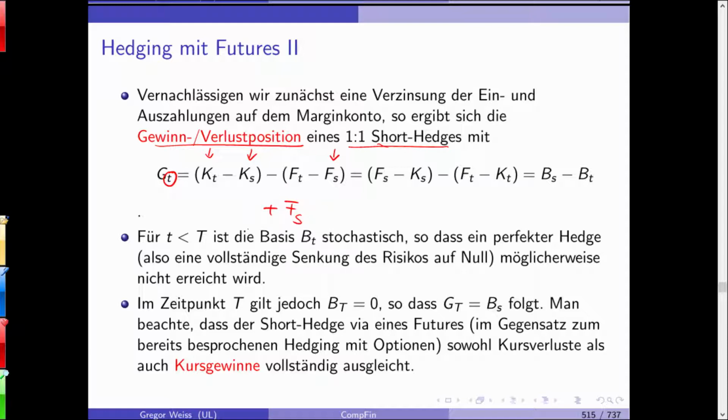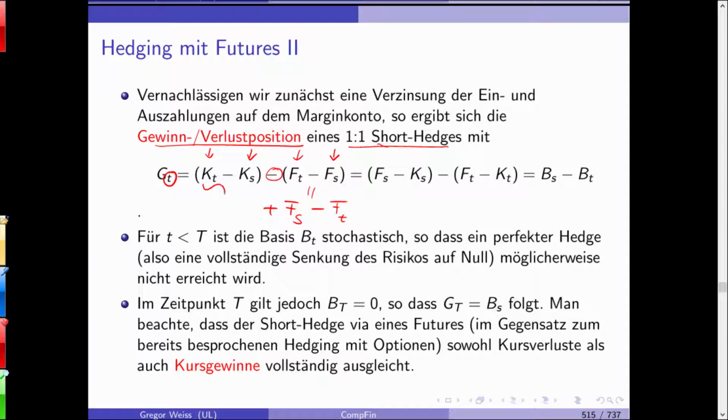And at the point of time at which we are closing the position, because we are selling the future right now, we'll have an income now and profit now, we'll have to pay out and settle the future later on. So it's actually plus F_S minus F_T, but you can see that with this minus here, this is the same.